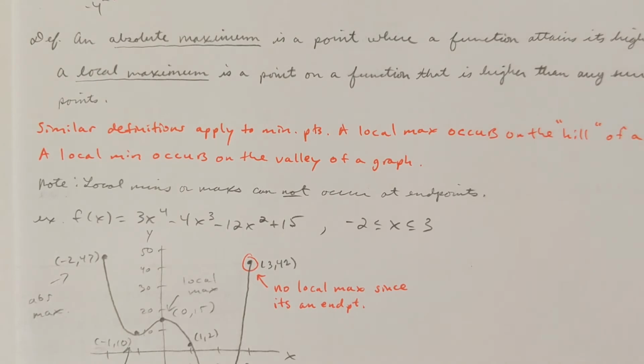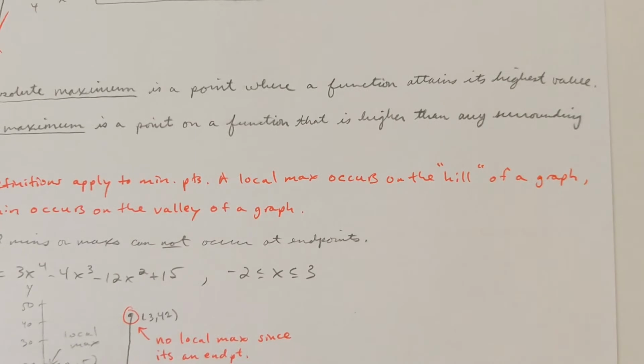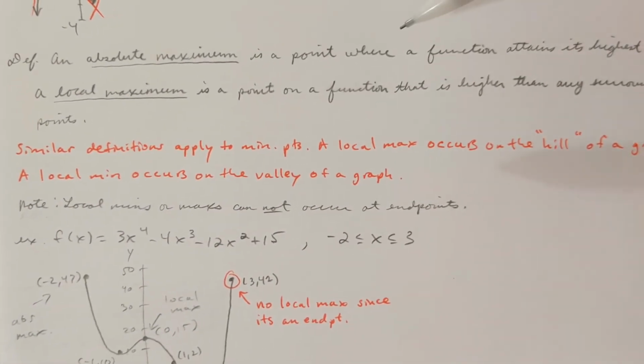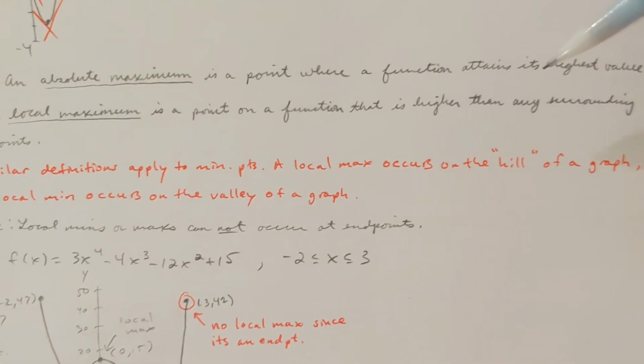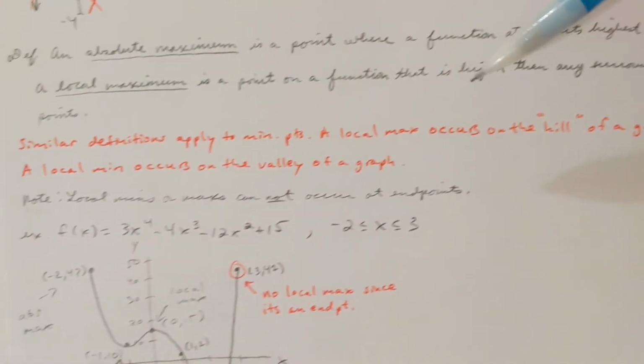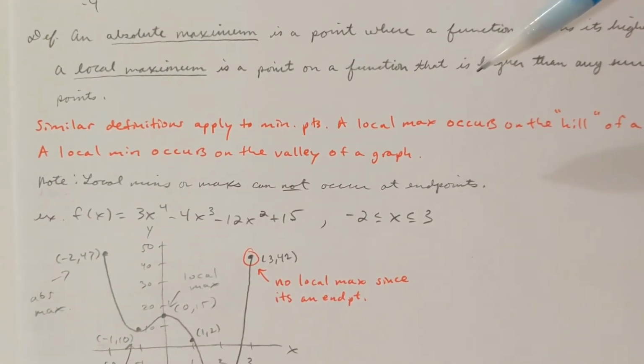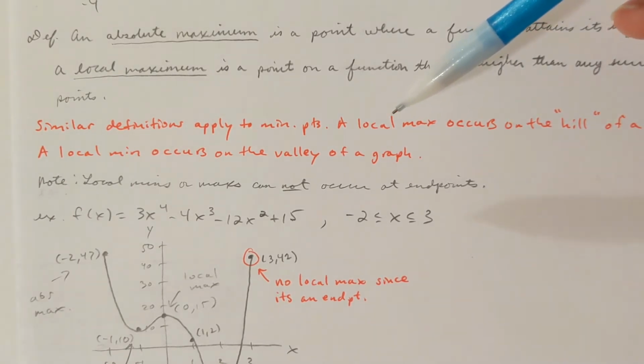Definition: an absolute maximum is a point where a function attains its highest value, and a local maximum is a point on a function that is higher than any surrounding points. Similar definitions would apply to minimums.